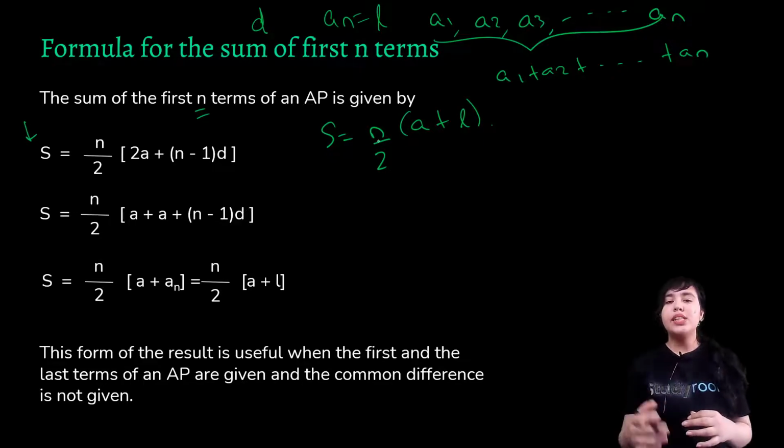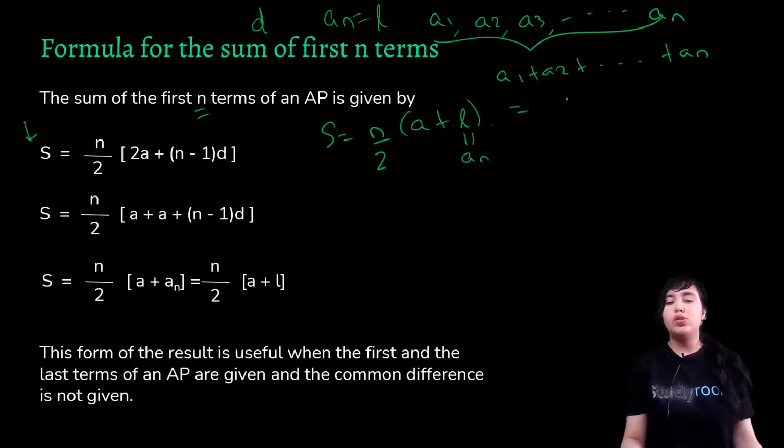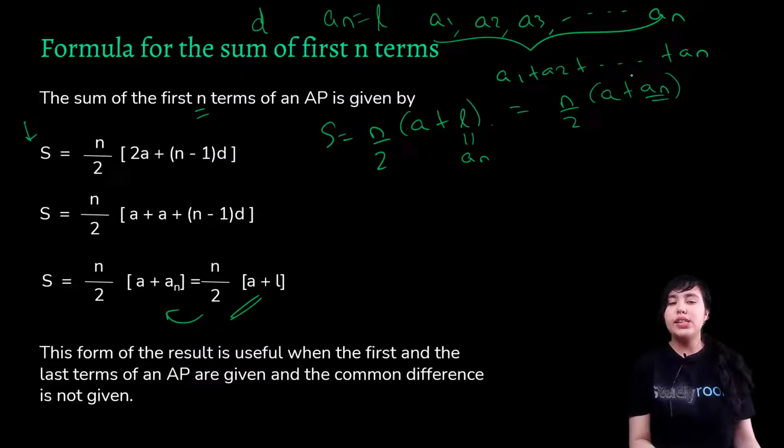If you remember this, you can derive the other forms of this formula as well. That will be very easy. So S is equal to n by 2 (A plus L). Now I told you L can be replaced by AN also, so this is n by 2 (A plus AN). Now you know what AN is, right?